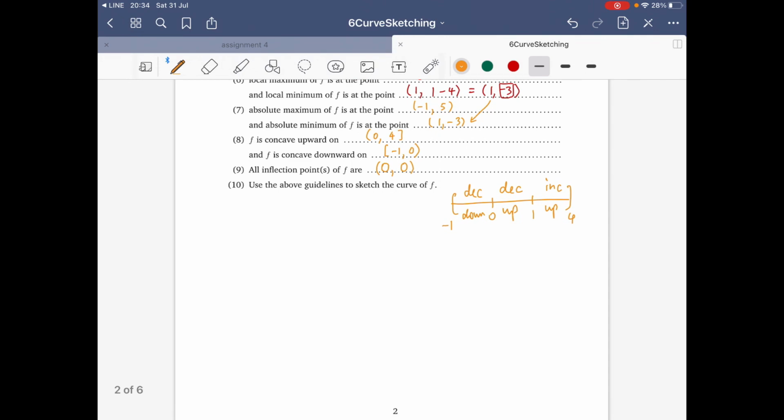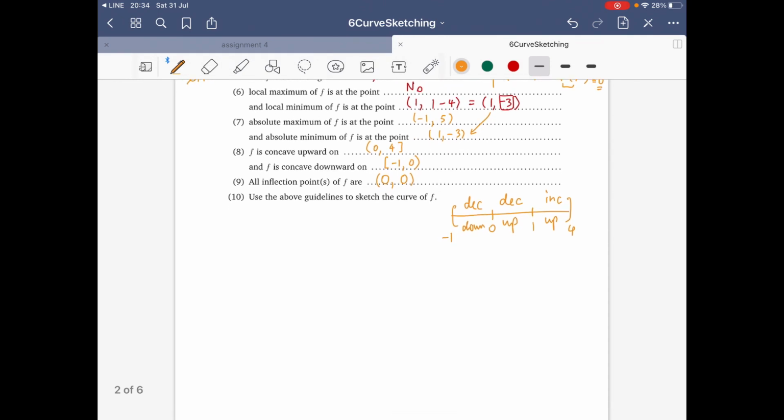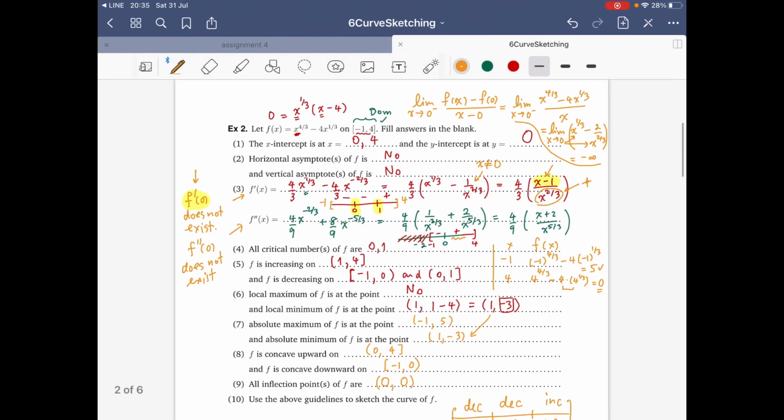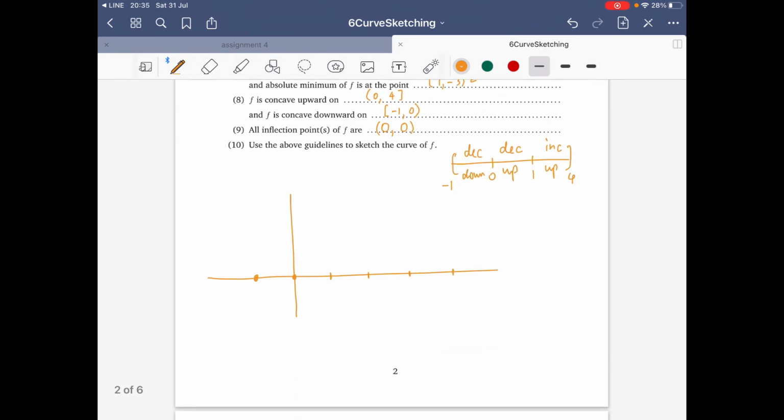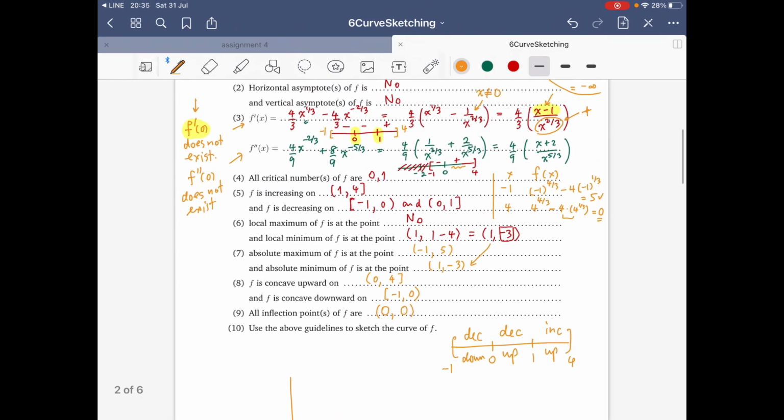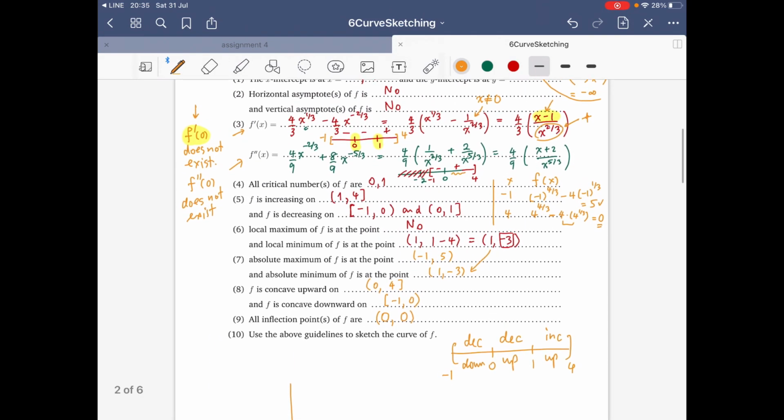So what else do we have? Let's say here -1, and then 0, and then 1, 2, 3, 4. We know that it will cut the x-axis at 0 and 4, so it passes through these points.